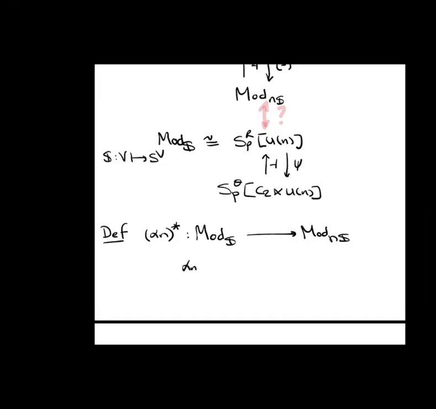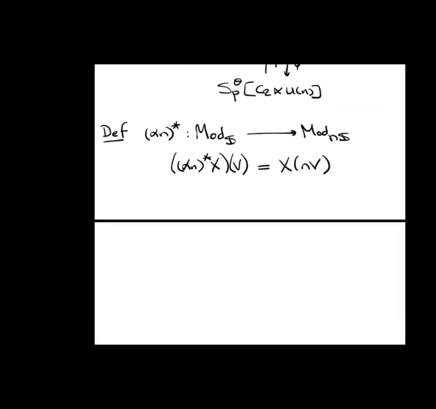So alpha n star at some module X over the sphere, at some complex vector space V, is just X at n times V. And this has structure maps, the obvious thing, if you stare at it for long enough.